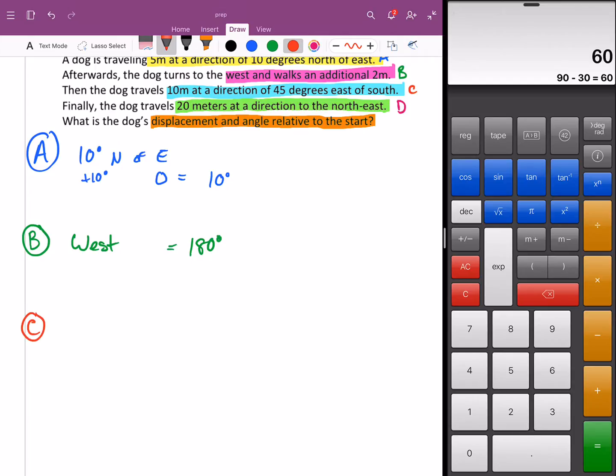Now let's look at C. 45 degrees east of south. South is 270.